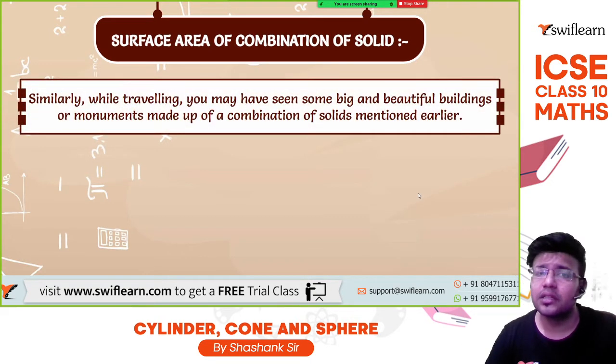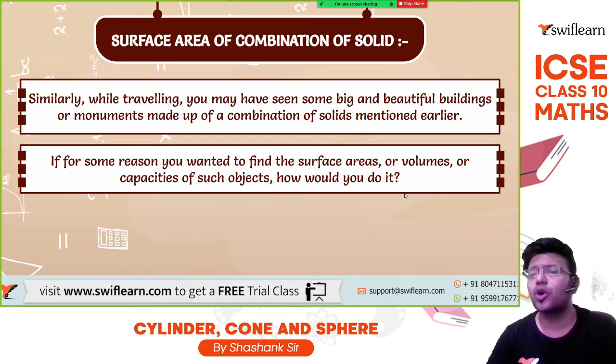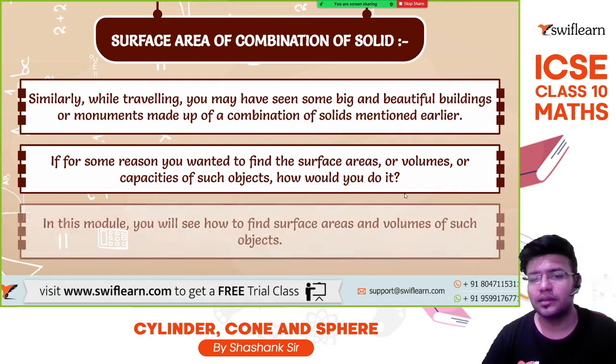Yes, you are right. Similarly, while driving, you may have seen some big and beautiful buildings and monuments made up of combinations of solids as mentioned earlier. If for some reason you wanted to find the surface area and volumes or capacities of such objects, how would you find it?